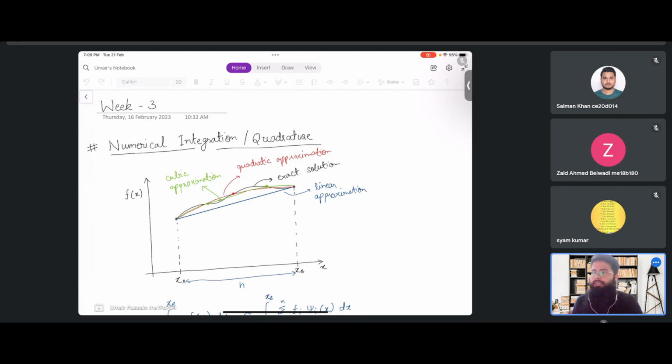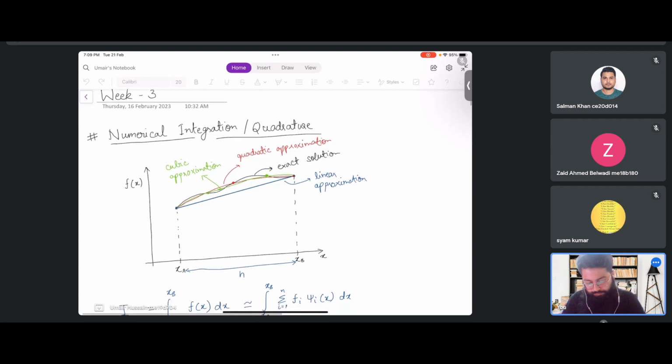Secondly, the large scale FEM simulations that we do practically are not done manually, not by hand. We use computer programs to do them, and in computer programs it's not very trivial to solve the integrations analytically. So we incorporate certain numerical integration techniques to get those integral values.